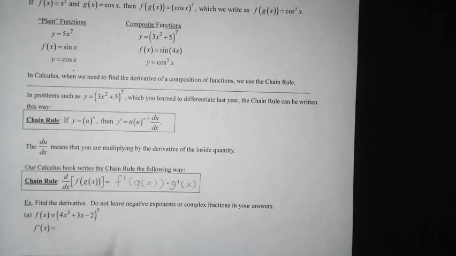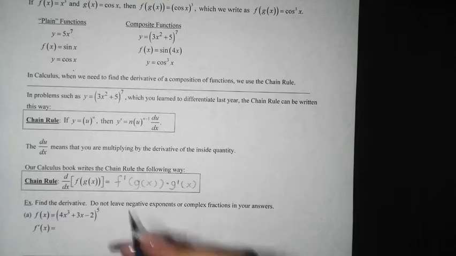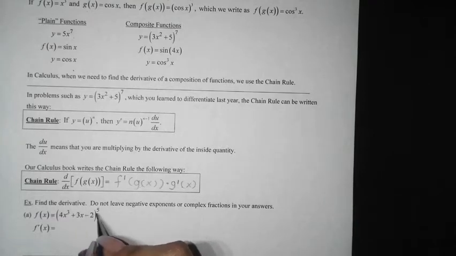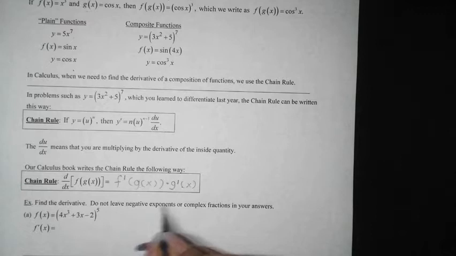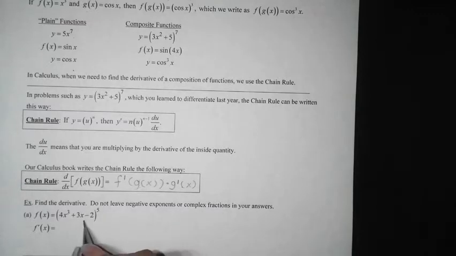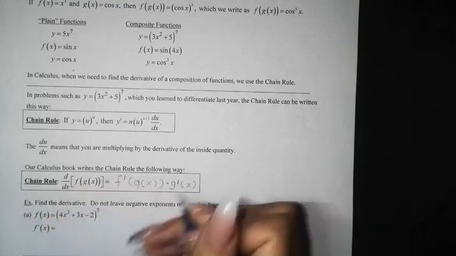Okay, so now let's do it in an example, and you'll see that it doesn't look as intimidating as the actual formula. If I ask you to find the derivative and do not leave negative exponents or complex fractions in your answers, what are you going to do here? Here you see that you have this power of 5. Therefore we're going to do kind of like the power rule.